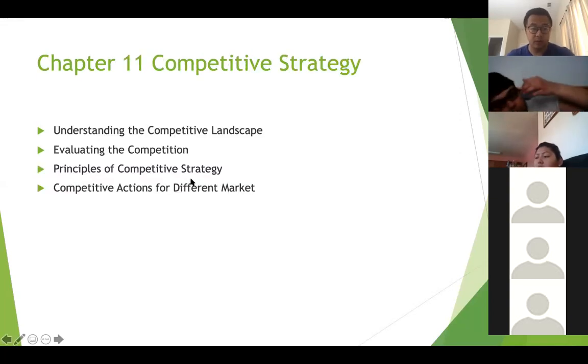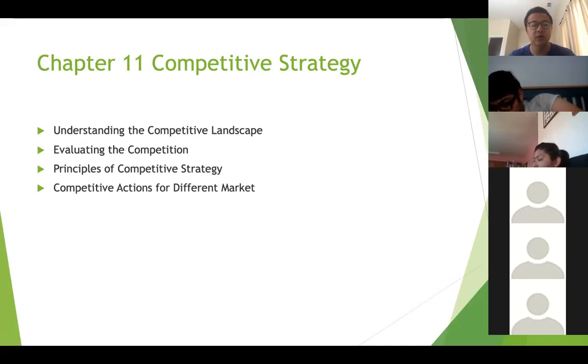Okay, so chapter 11, competitive strategy. From the textbook, you can see the content can be divided into 4 parts, and under each part there will be other smaller topics.